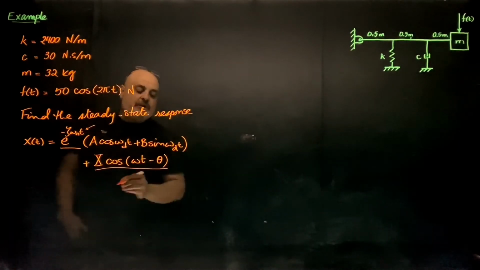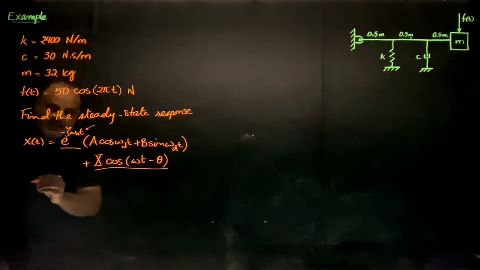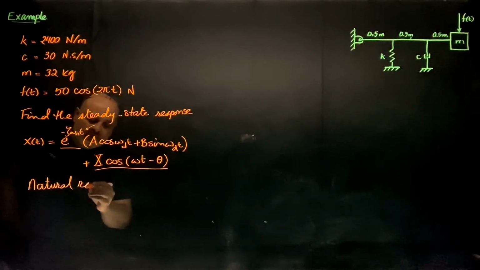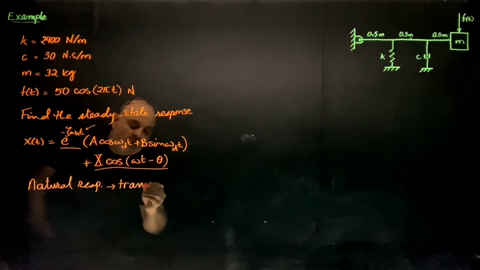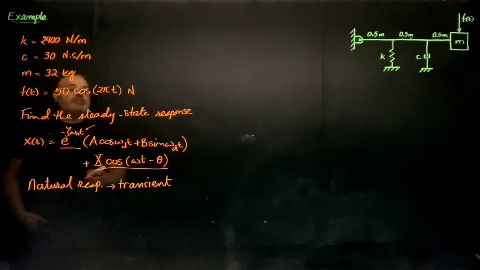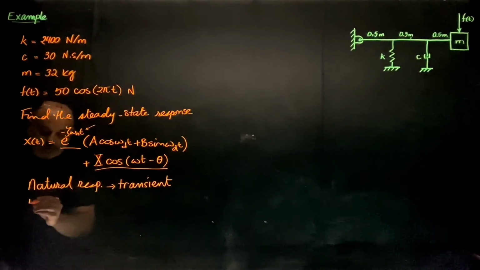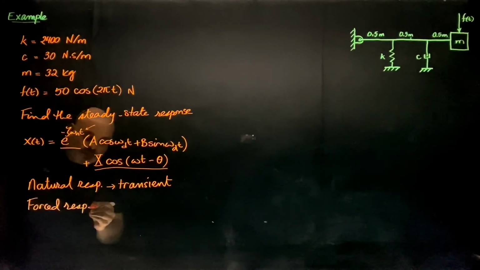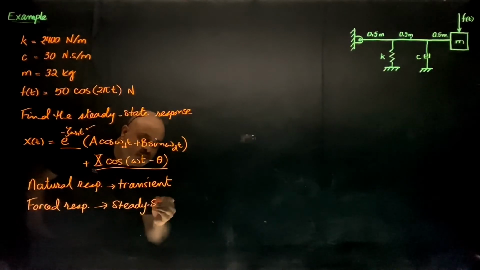the forced response. And that's why another name for natural response is the transient response, because it dies and disappears with time, and what remains is the forced response, and that's why the forced response is known as the steady state response.